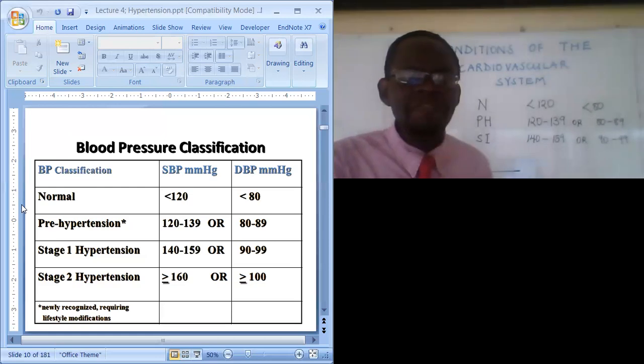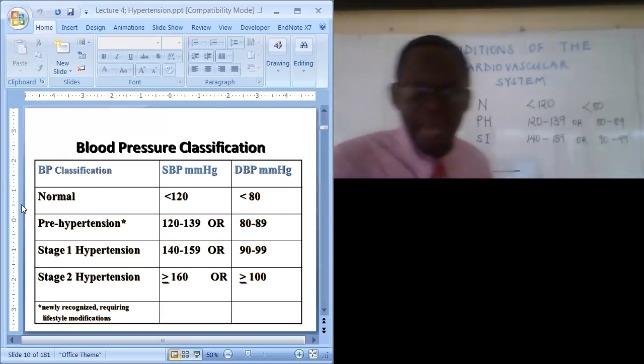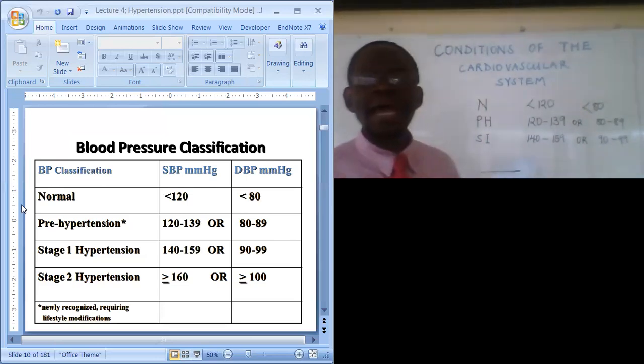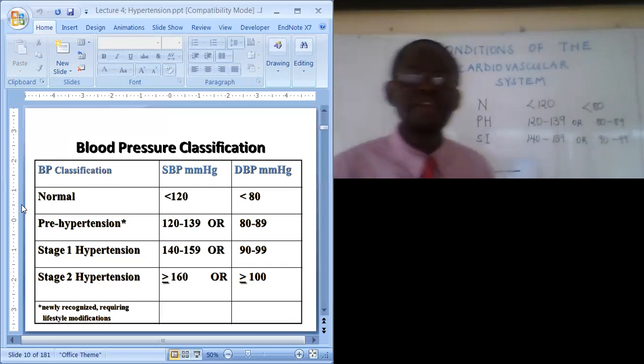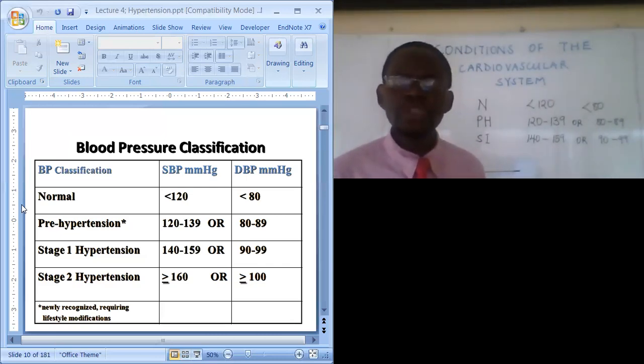Then we have stage 2 hypertension, whereby the systolic is greater or equal to 160, and a diastolic of greater or equal to 100.